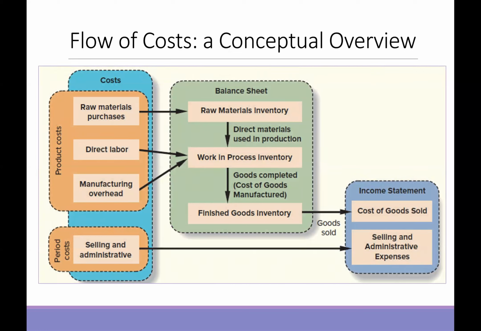So inventory consists of various subcategories. Raw materials inventory is where the materials begin when they are purchased from the supplier.